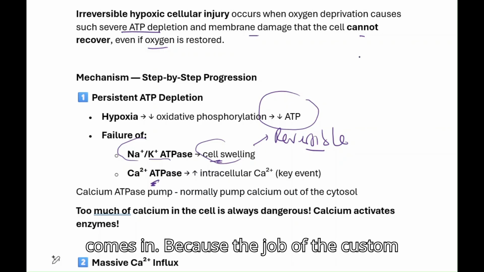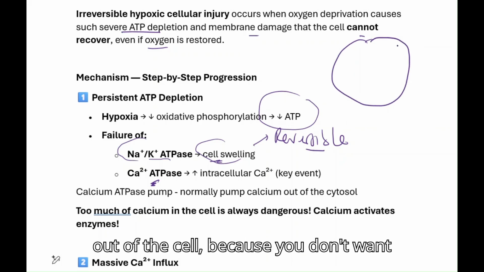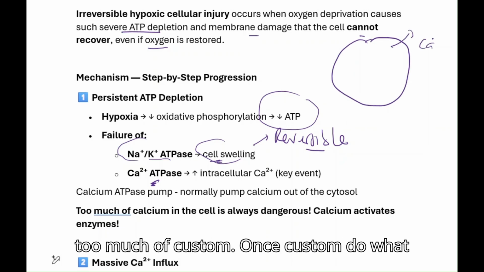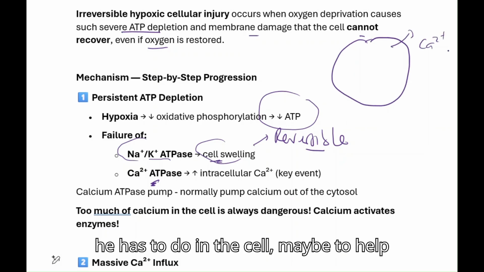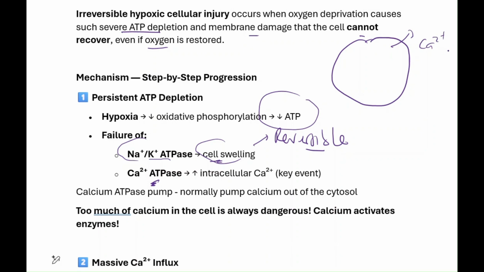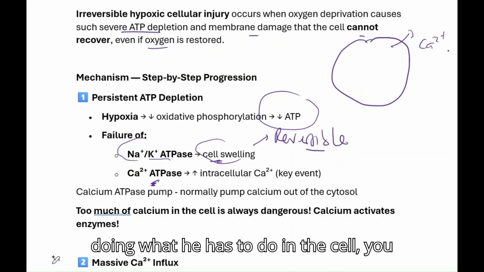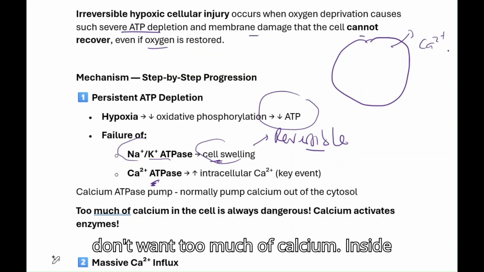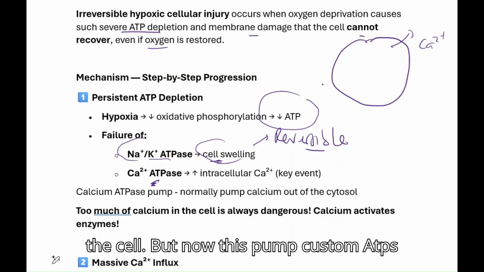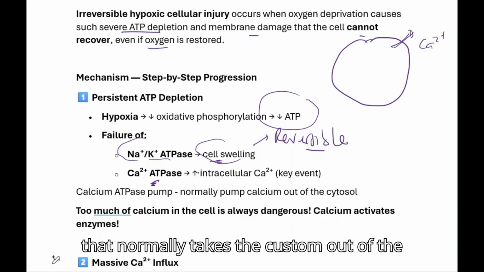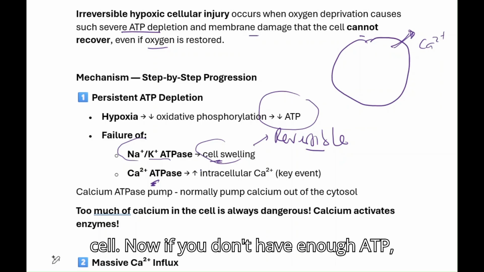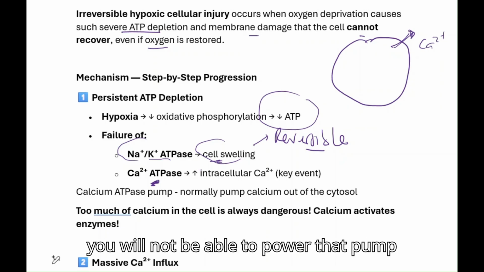Because the job of the calcium ATPase is to pump calcium out of the cell, because you don't want too much calcium. Once calcium does what it has to do in the cell, maybe to help with contractility or vasoconstriction, you don't want too much calcium inside the cell. But now, this calcium ATPase pump that normally takes the calcium out of the cell, if you don't have enough ATP, you will not be able to power that pump.